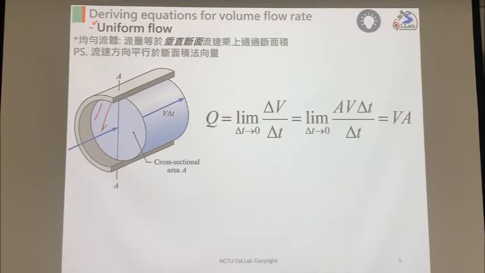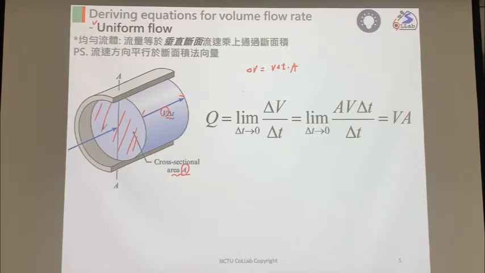If this is our cross section, like a pipe, and you cut one cross section, you can compute delta V. In this case, delta V is the volume of this cylinder. The height is the constant velocity V multiplied by the time interval delta T. If you know the bottom area is A, then V delta T multiplied by A is the volume passing through the cross section A.